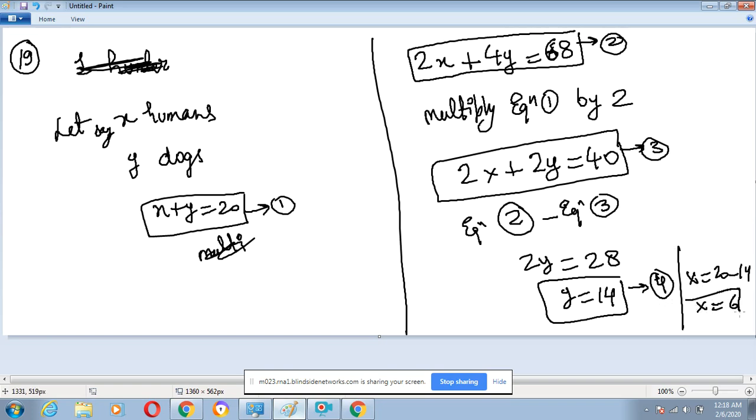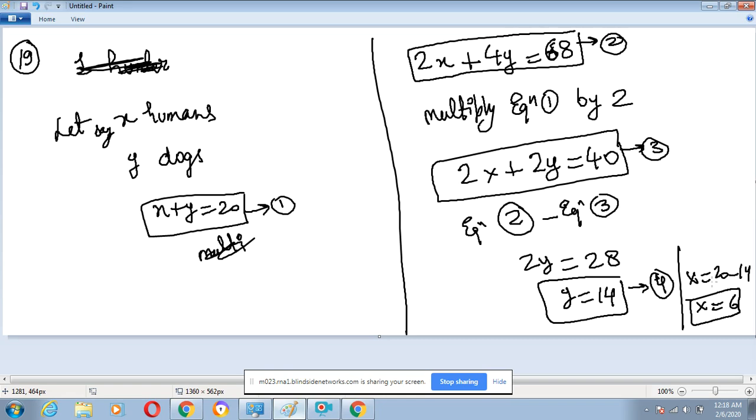Can you cross check, is it correct? 6 and 14. I don't really get how you did it from 68. How did it become 40? No, first of all, is the answer correct? 6 and 14? Let me check.